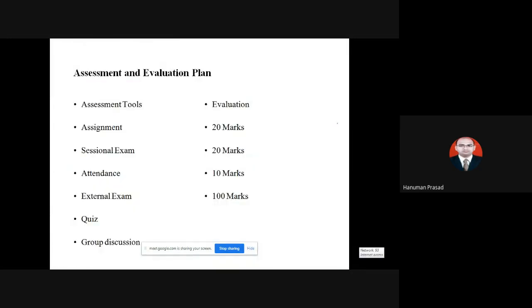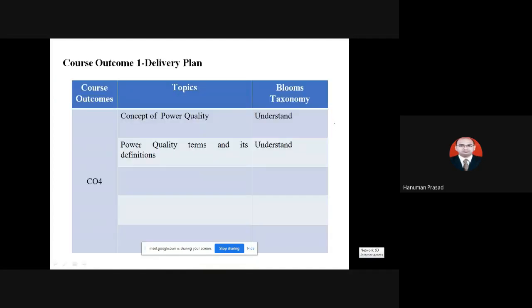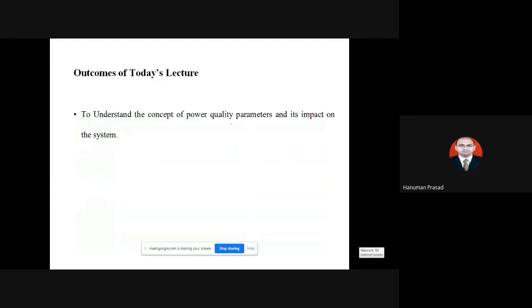This is the assessment process. The course outcome: concept of power quality terms and its definitions. Understand the concept of power quality parameters and its impact on system.